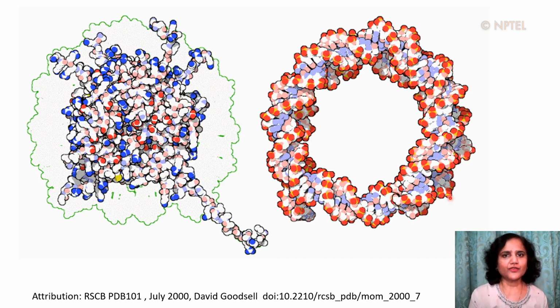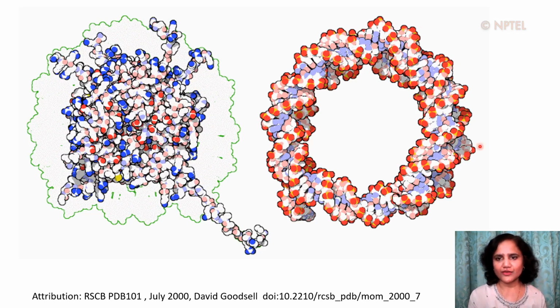The surface of the octamer, which is shown here on the left, has positively charged residues. As I already mentioned, histones are basic proteins, so that means they are rich in positively charged amino acids. And this is represented with these bright blue nitrogen atoms. And these interact strongly with the negatively charged phosphate groups on the DNA, which is shown here.